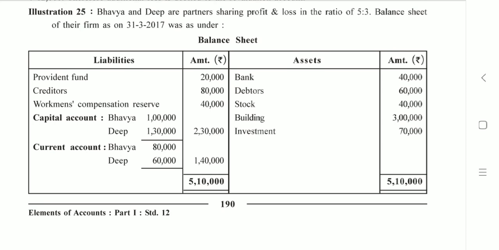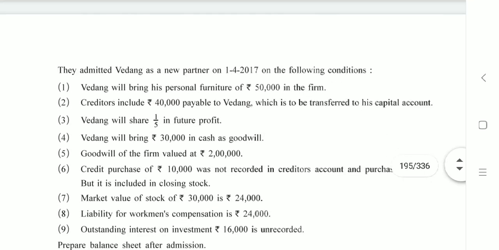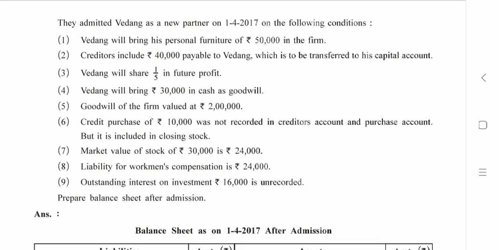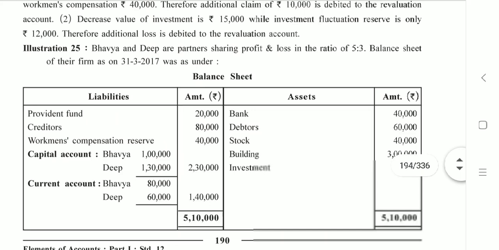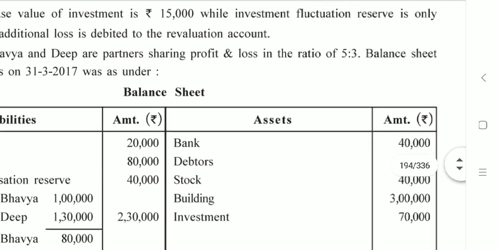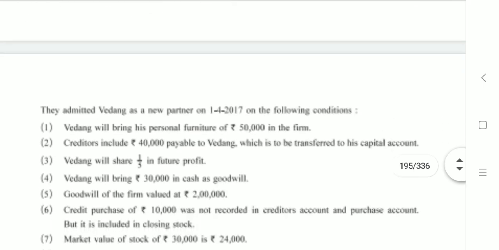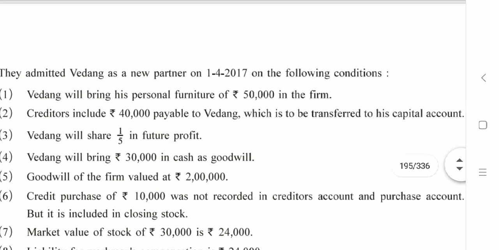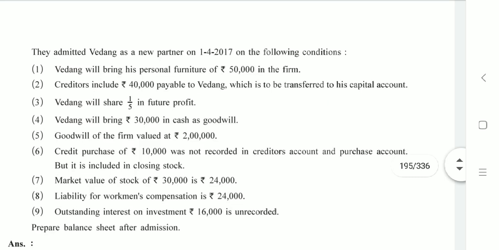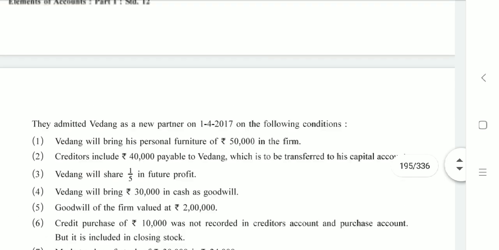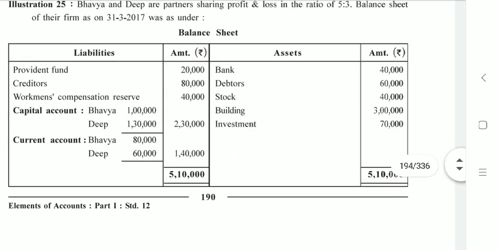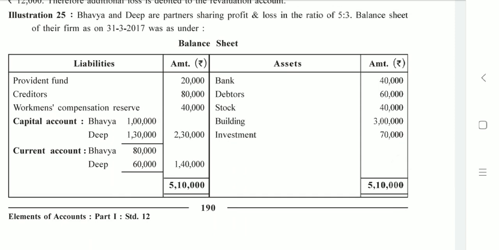Now we have gone through all the adjustments. We did not find the new share mentioned anywhere in this sum. All we got is the old ratio, which is 5:3, and the share of new partner to be given in future. Nothing other than this. Okay. So, how do you find sacrificing ratio in this situation? Understand.